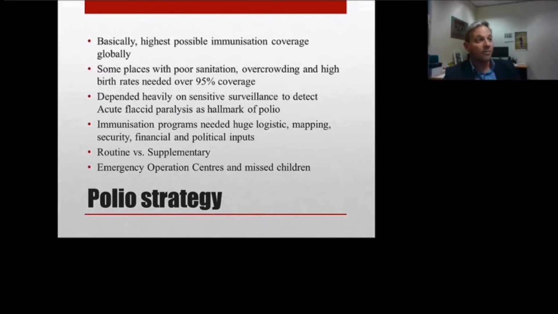It used to be on coverage, numbers of children who were vaccinated. Pakistan's gone through a real strategic shift in the last 12 months where they've really looked at children who've been missed multiple times over. And so they're much more focused on not the overall numbers, but making sure that the missed children are minimised as much as humanly possible.